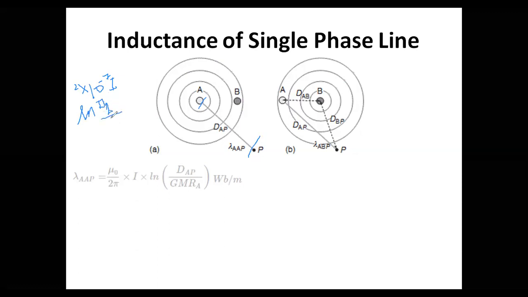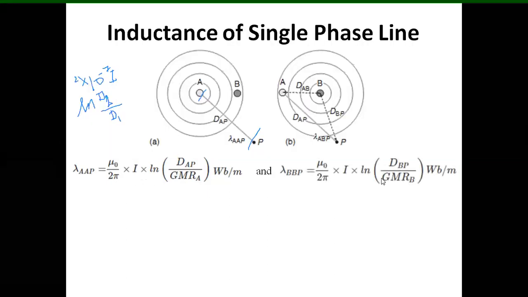This is the general expression from my previous lecture. So here D1 equals the radius of the A conductor and D2 is DAP.